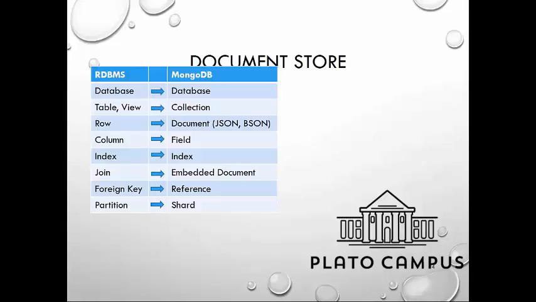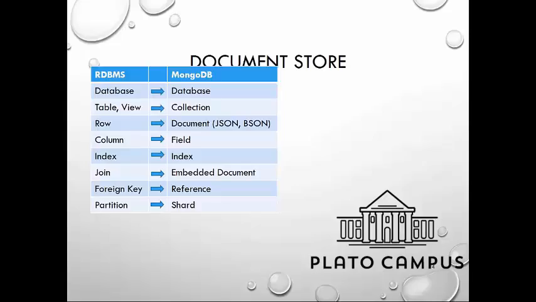That means what a table or schema is where we store the data, the same thing in MongoDB we do with the collection. So we can say the table or view, and the concept of collection is the same here in NoSQL MongoDB.